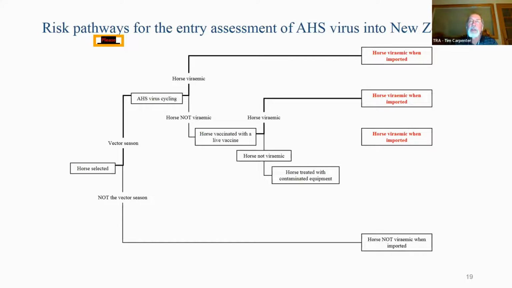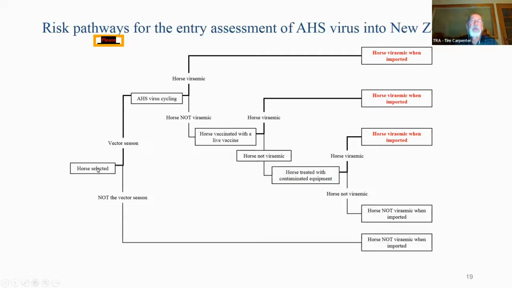And if vaccinated, but if it's not viremic, then you're not going to have a problem with the entrance into the population. But if it is viremic, then you've got introduction into the population with a viremic animal.